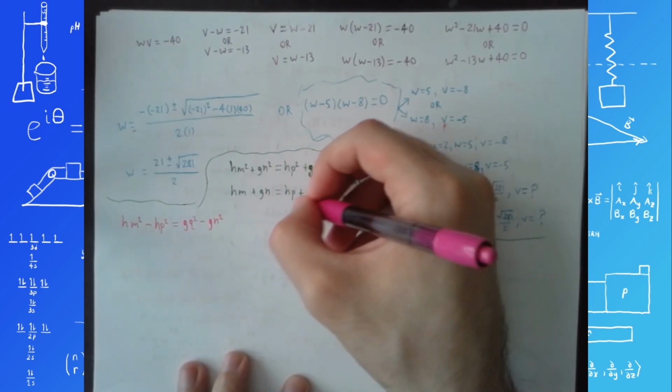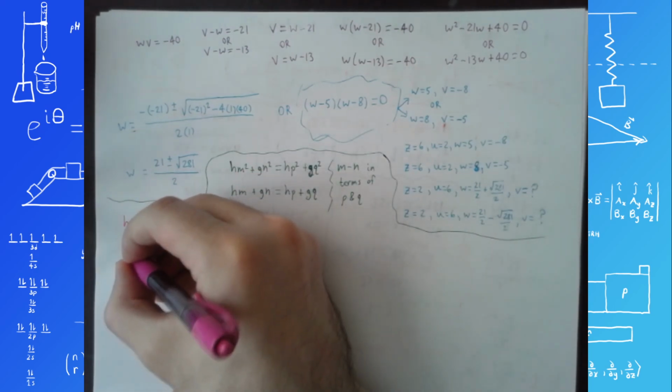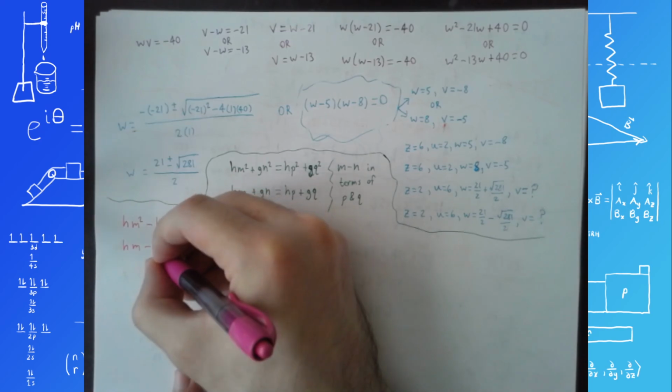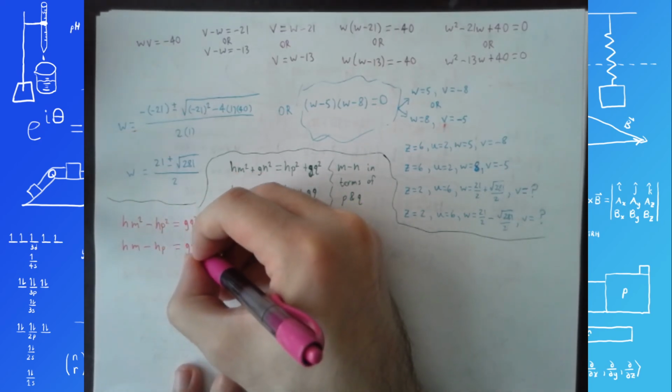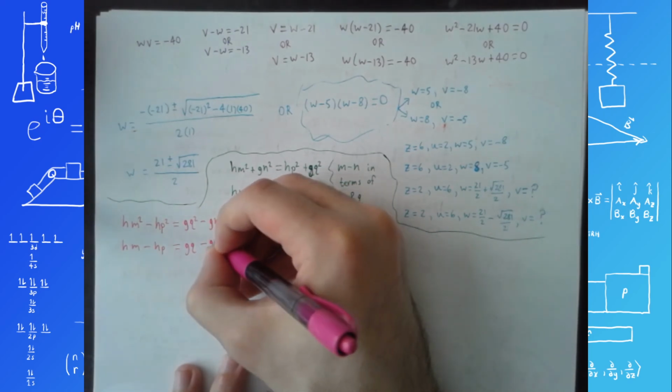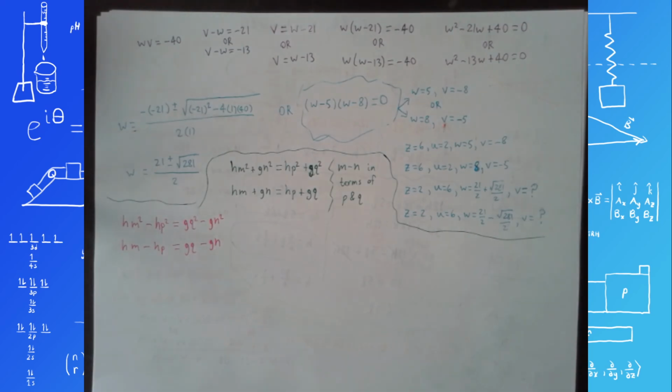And then a similar thing with the second equation. I'm going to get hm minus hp equals gq minus gn. Now I can factor h out of the left for both of those equations and factor g out of the right for both.